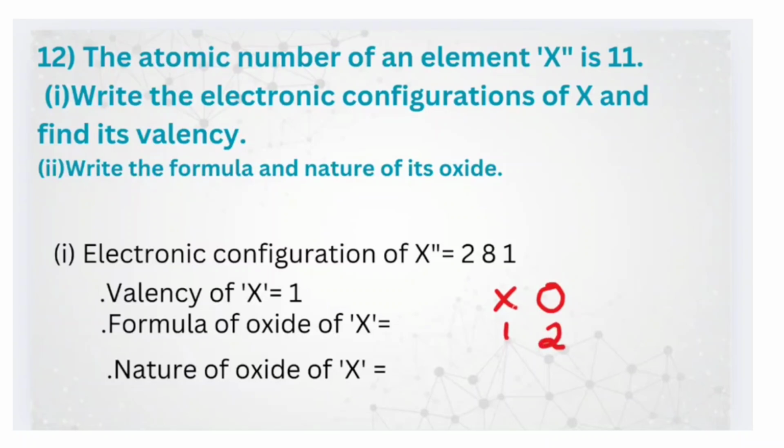Interchanging their valency by the criss-cross method, we will get X2O. So X2O is the formula of oxide of X. The nature of oxide of X is basic.